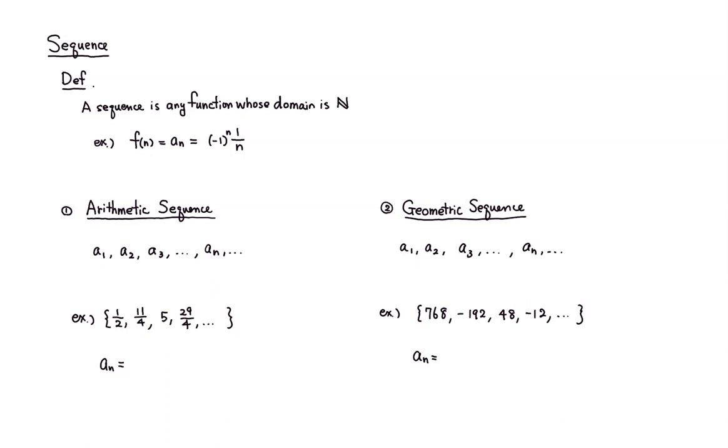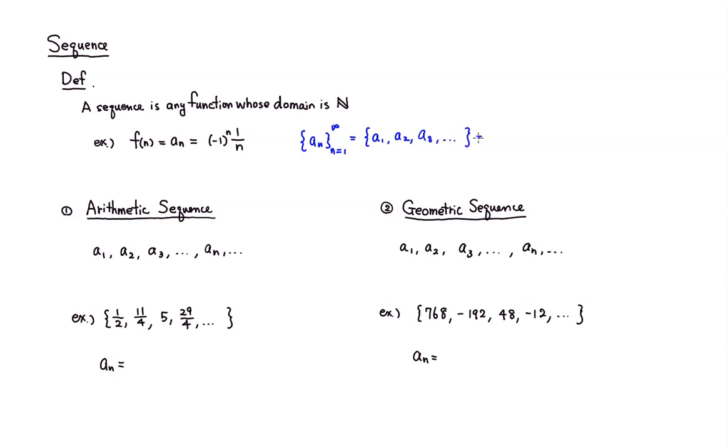You can list the elements, with n going from 1 to infinity: a1, a2, a3, and so on.